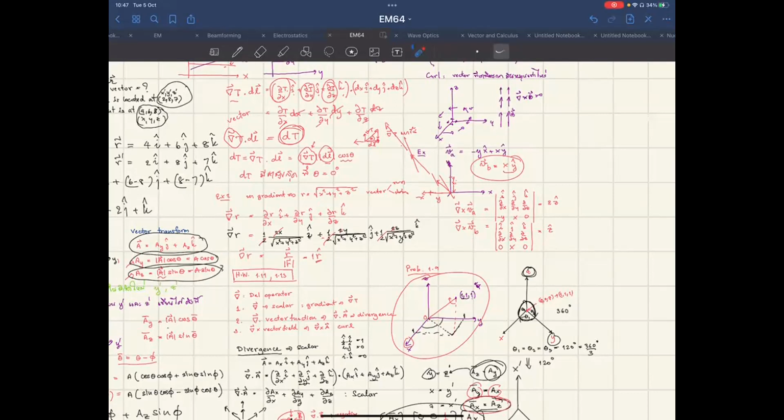Okay, next I will do 1.13 for you. Let me check 1.13. Okay, it's rather long, so does anyone want to do this problem for me, 1.13, or do you want me to do it?